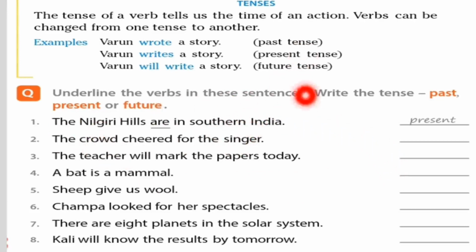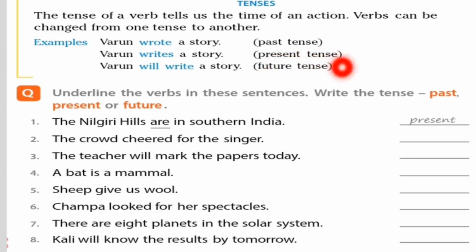In your higher classes, you will be learning about different types of tenses. The tenses are divided into present tense, past tense and future tense. More details will be studied in the upcoming years, and in this lesson we will be doing simple present tense and also present continuous tense from the topic present tense.